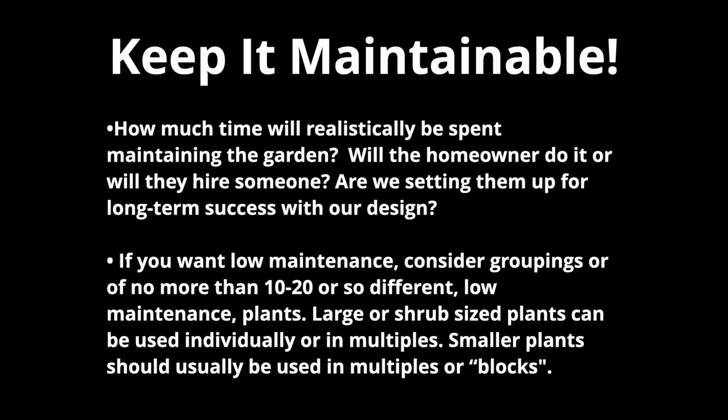Normally, I will have between 10 and 20 different types of plants, with 20 definitely on the high side, but oftentimes to fit all of the little niches, the sun, the shade, everything else that needs to happen, between 10, 15, 18 different kinds of plants.